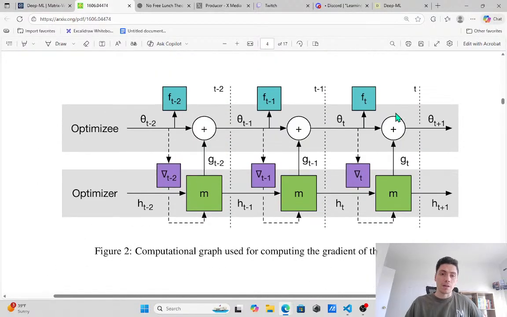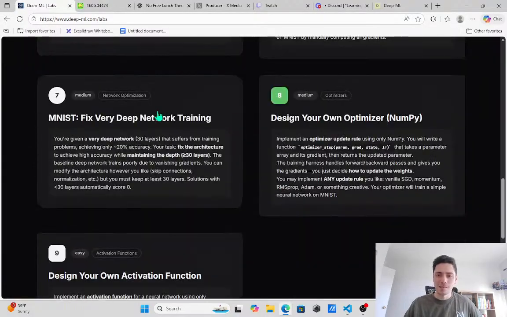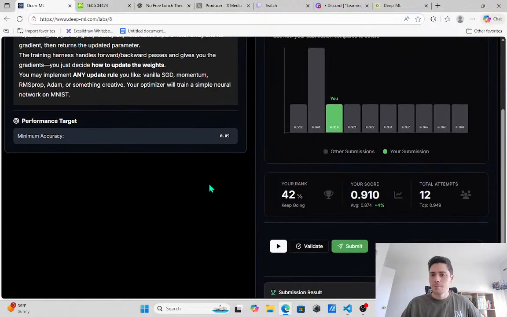But it'd be pretty interesting to make a question for this, either a lab question. I don't know how. The lab questions I like to be open-ended. We have one optimizer question. Where is it? Design your own optimizer.